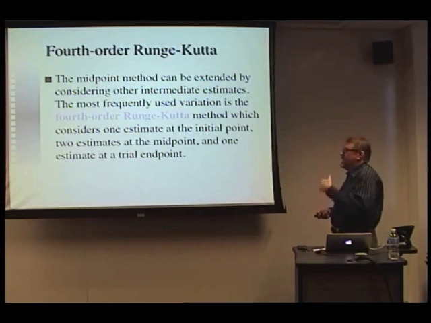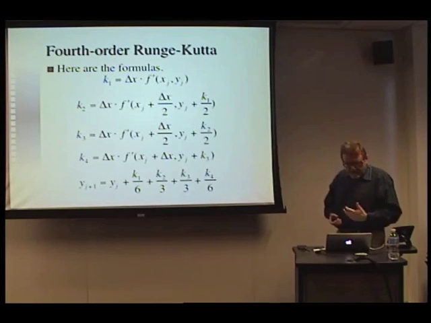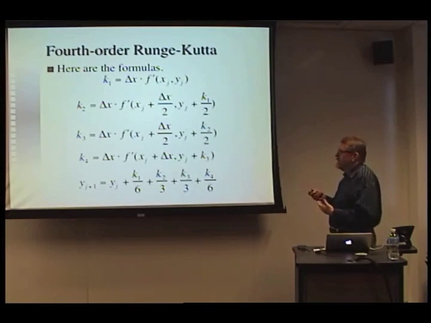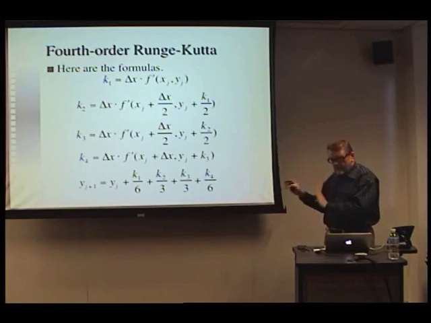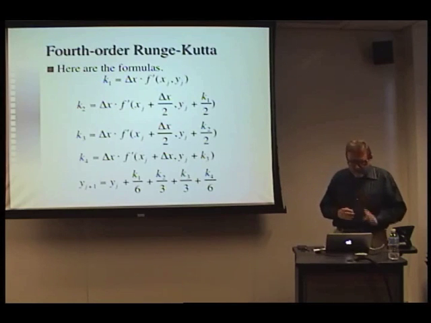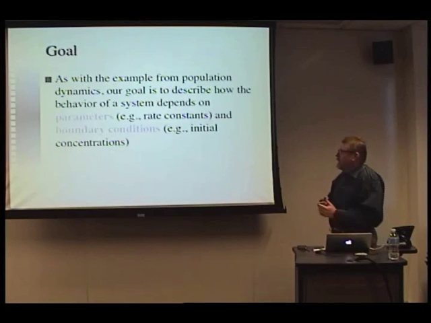That's a family of methods where we add more and more terms. One of the most commonly used is the fourth order Runge-Kutta, where we make an estimate in the middle, and then we make another two estimates, and then we average all those estimates together. Again, don't worry about the math, but the idea is that we want a way to refine our estimate of the derivative. Okay.